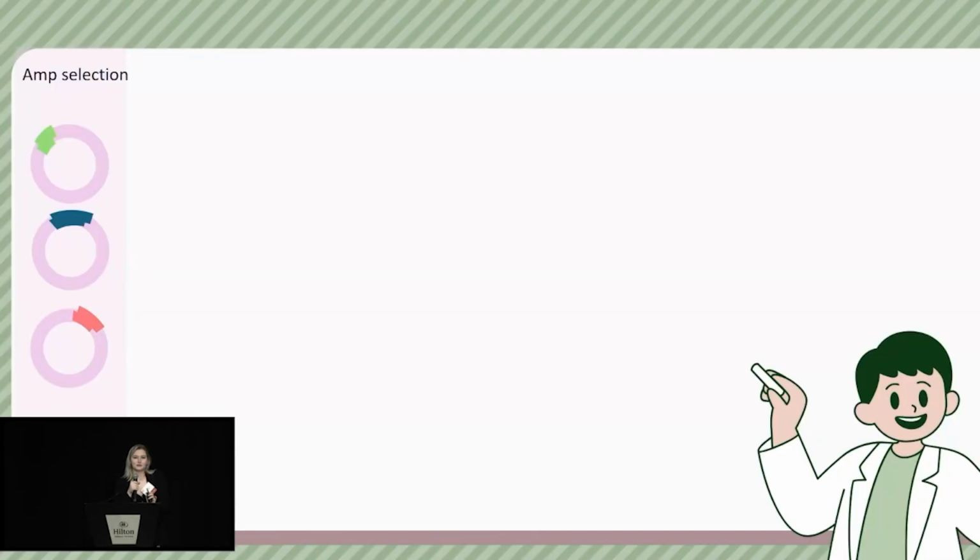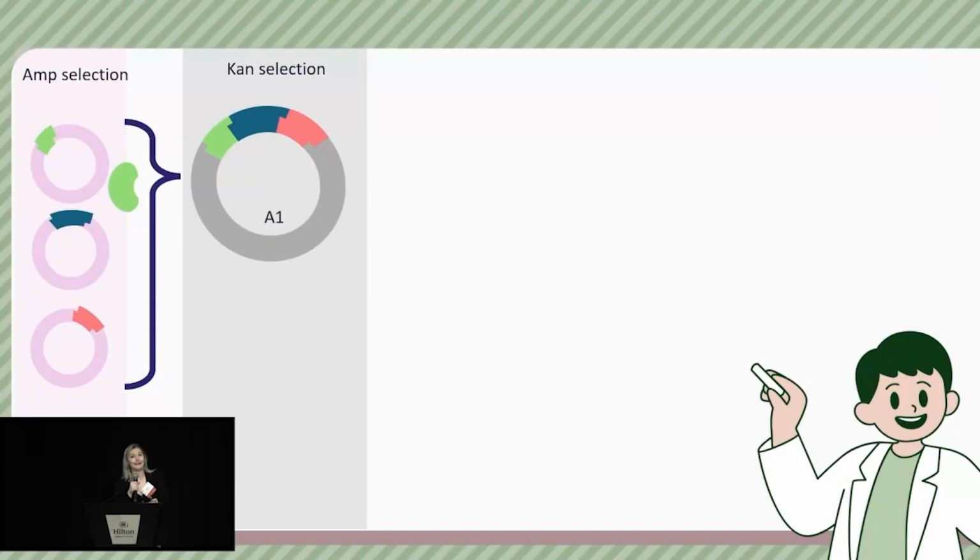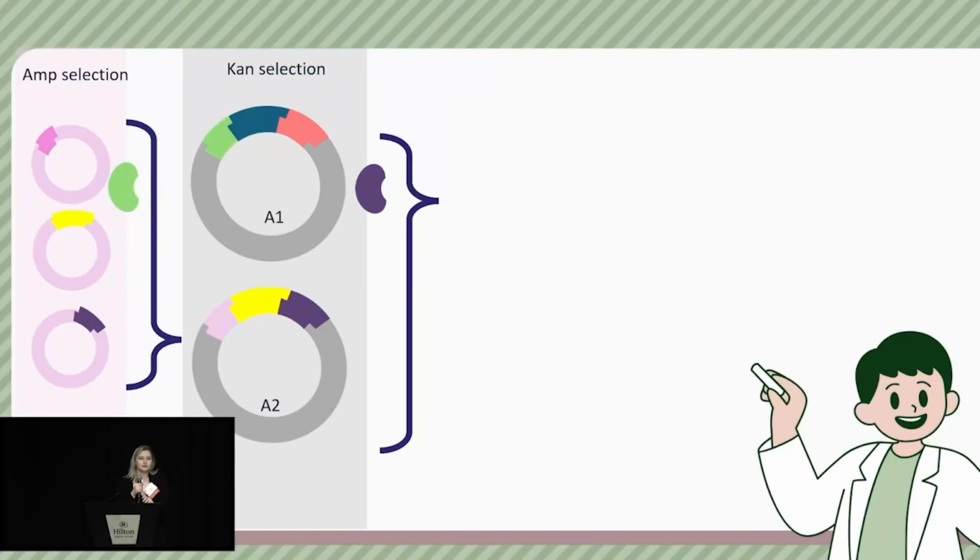So the way that cloning with Golden Braid would work is you have your 3 level 0 components that you digest with BSA1 to create your level alpha, which you'll notice that there's an antibiotics selection swap here so that you can select for your level alpha. You can use 3 new level 0s to make a second alpha, and then you can use ESP31 to digest these 2 alphas to create an omega.